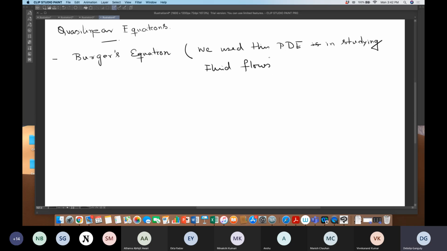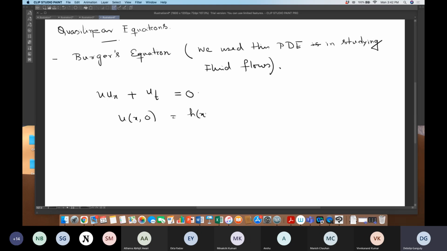Of course, I am writing it in a very reduced form: u_t plus u u_x is equal to 0, and u of x, 0 is equal to h of x. This type of equation arises in the study of fluid flows. That's the physical context, and this is one of the very famous equations. So this is called Burger's equation. Can you tell me what classification you can give to this problem?